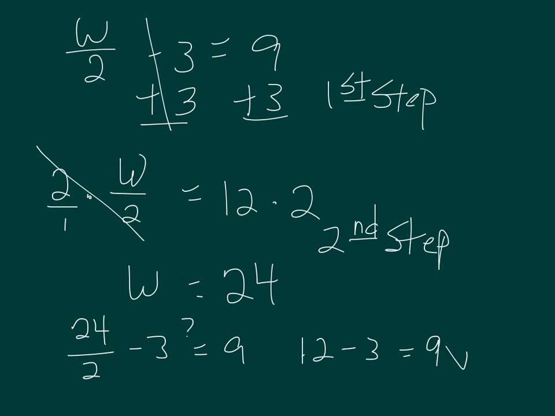Okay, let's do one more example here. Let's take a negative w over 2, or divided by 2, minus 3 equals 9. Okay, clear.